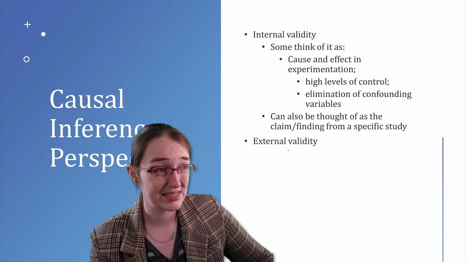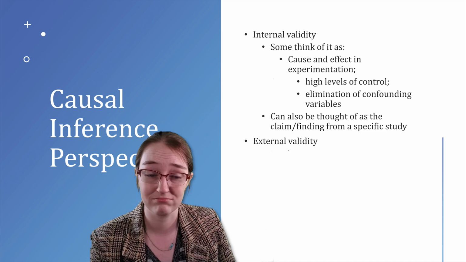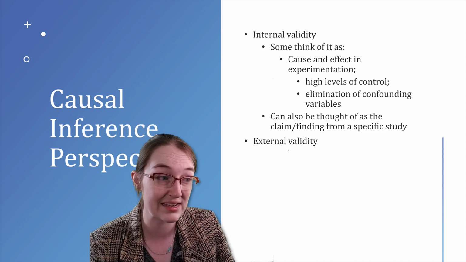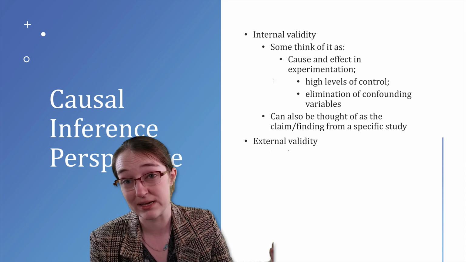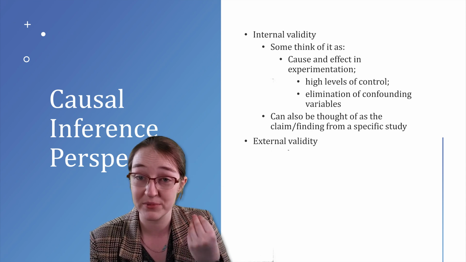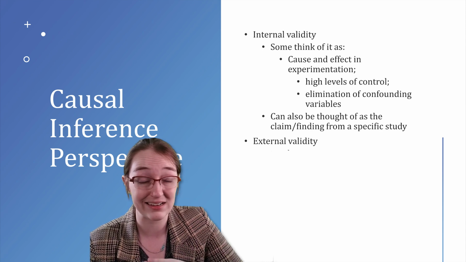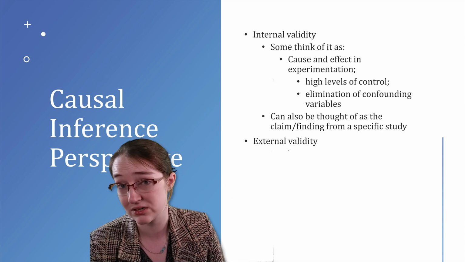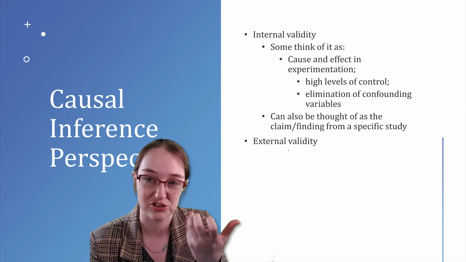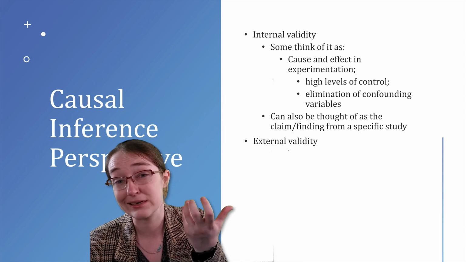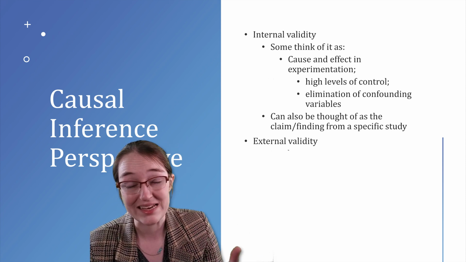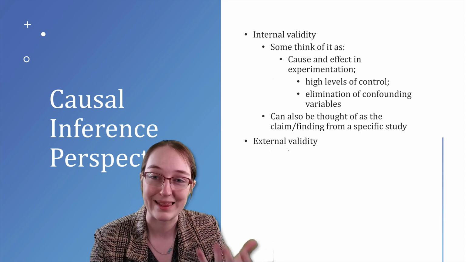But the general idea across all these different ideas with internal validity is that your finding is real, that the conclusion you've drawn from your study is real, is valid, is not caused by some spurious third variable. It's actually true. And within internal validity, you need good, valid, reliable measures.